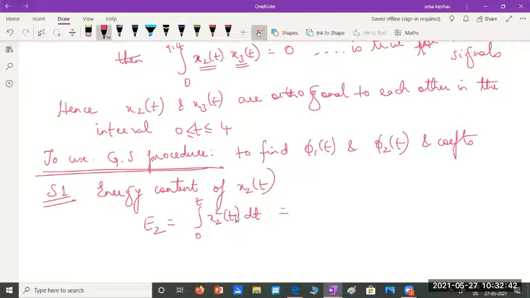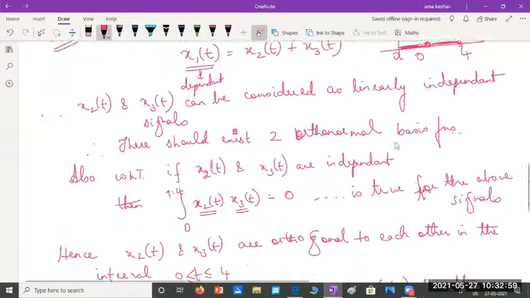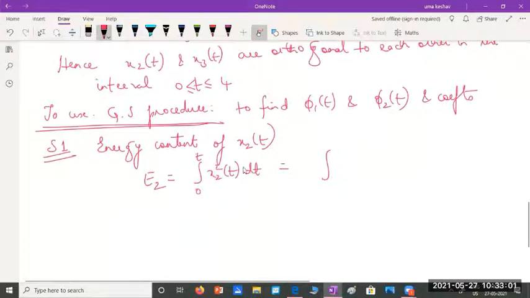Yes or no? That's how you find the energy in a given signal. So what is the time period for which x2 is existing? It is existing in the interval 0 to 2 and the value in that interval is 3. So how should I find this energy?